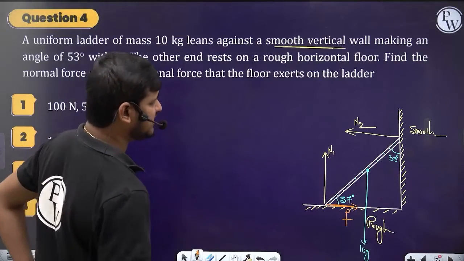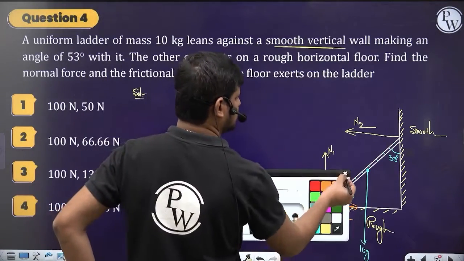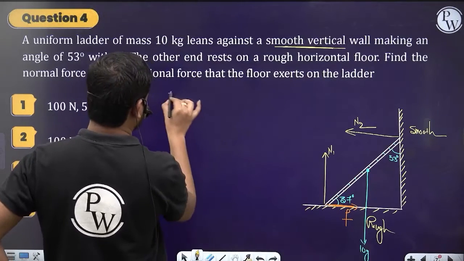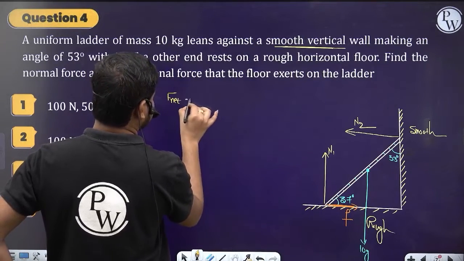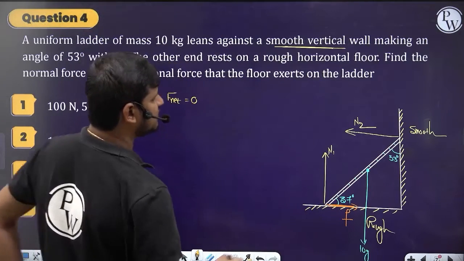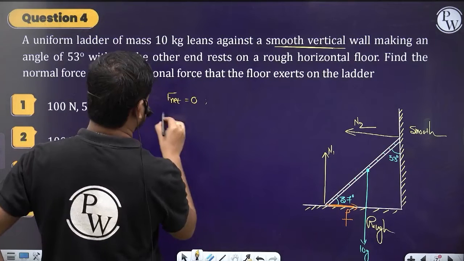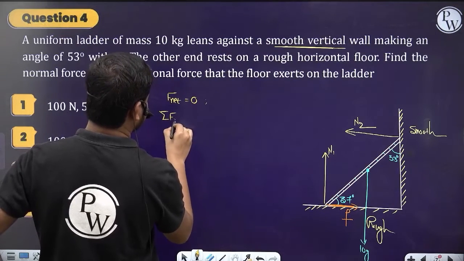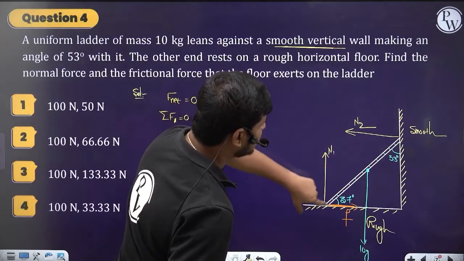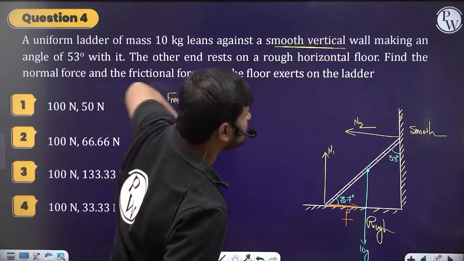The simple logic: let the net force be 0. F net is equal to 0. So the summation of forces in the x direction should be 0. In the x direction, friction is acting on the right side, normal is acting on the left side.